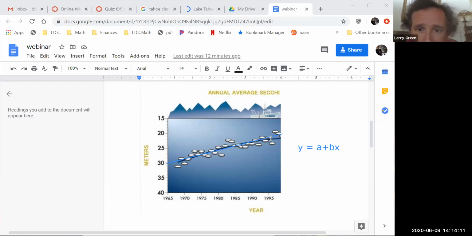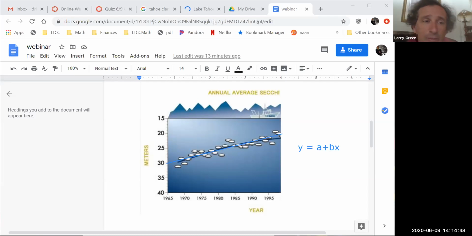We went from 30 to about, looks like about 22. So the rise is -8, and the run is 30 years. Okay, so it is -8 over 30. Any questions on that? No, it's not completely linear, but it's not that bad a model either. Does that make sense?